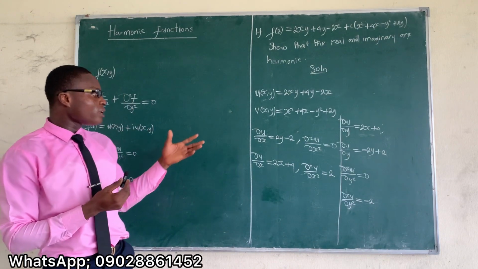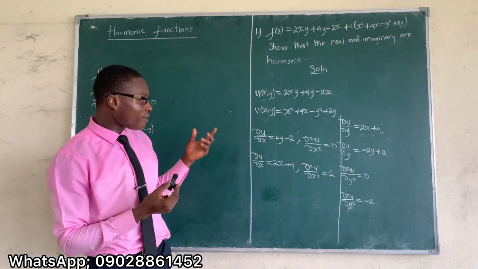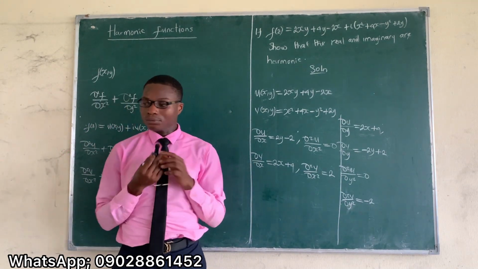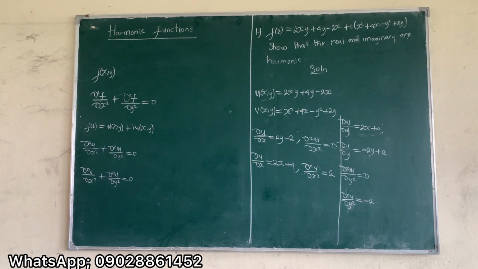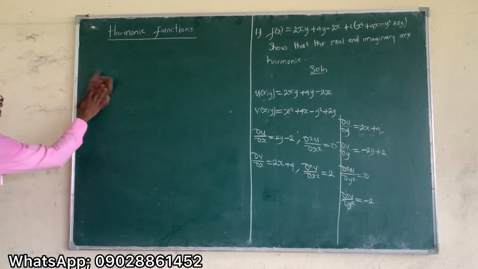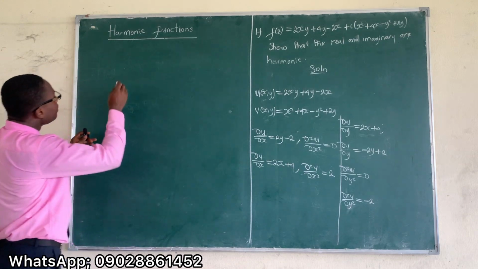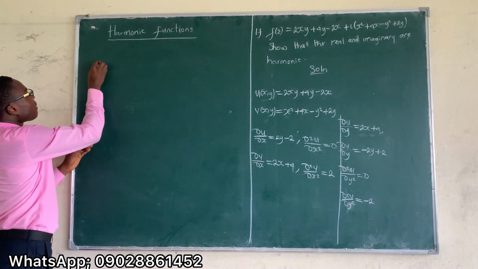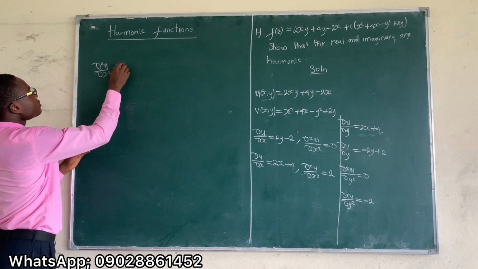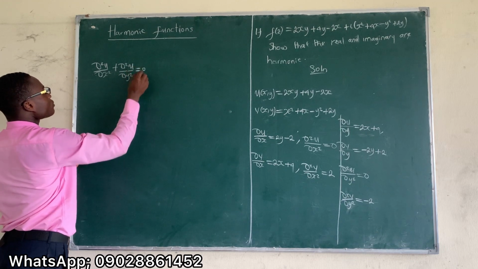So since we have obtained the second partial derivatives of the imaginary and real parts, let's add them together and see if we are going to get 0. Remember, the Laplace equation tells us that partial square u partial x square plus partial square u partial y square must be equal to 0.